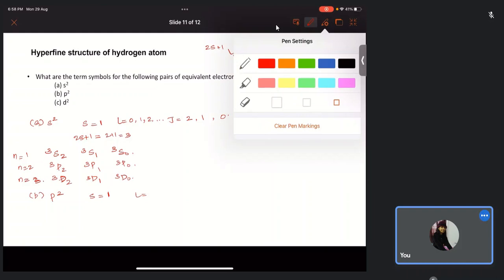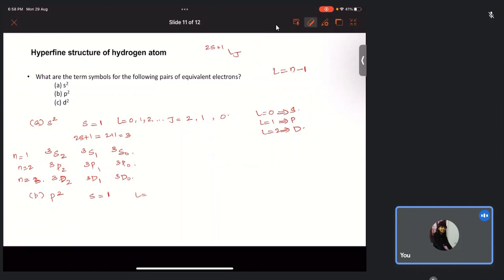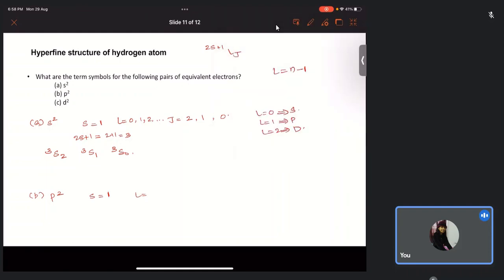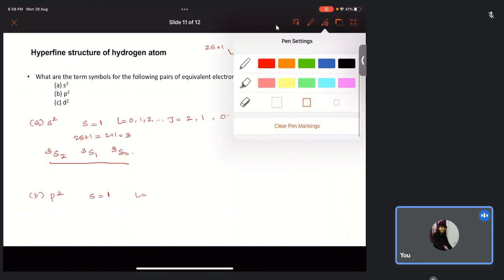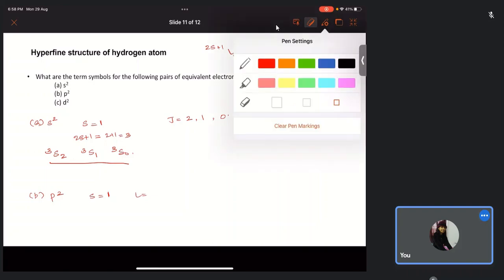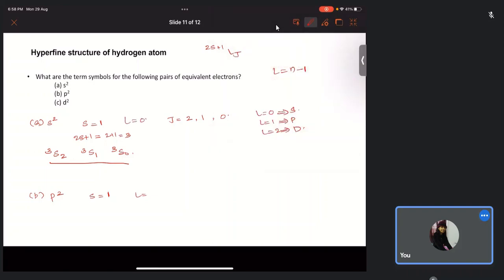Yeah, there is a mistake. Irrespective of whatever value your n is, for an s orbital your L is always 0.